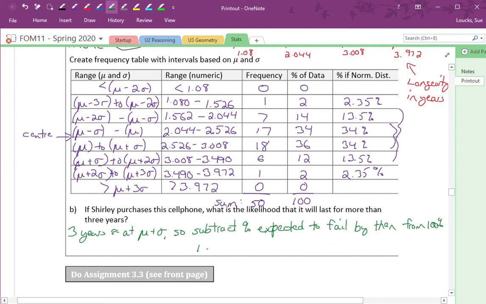So what we have is 100 minus 50 plus 34, which equals 16%. So there's 16% that we would expect to be to the right of that 3-year line.